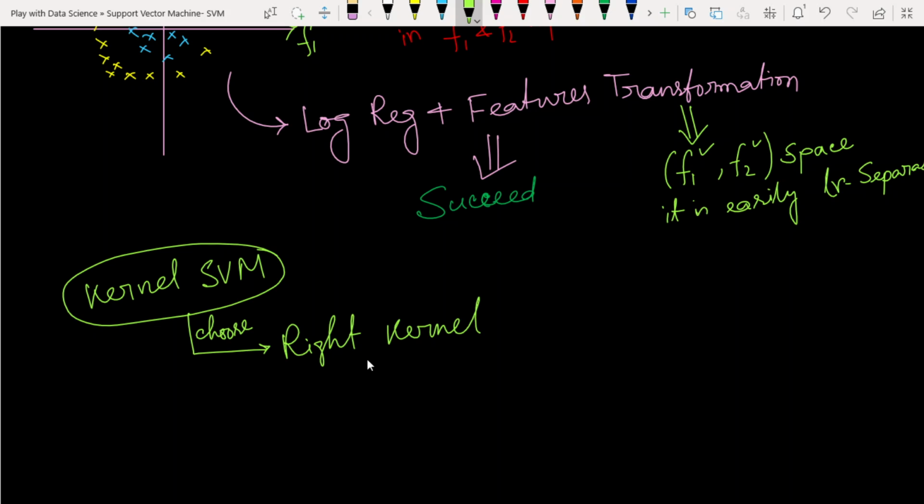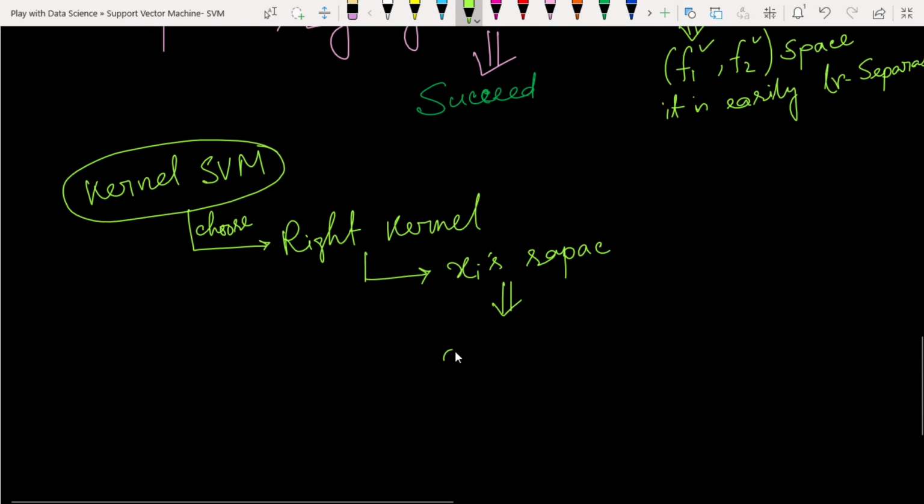What are we doing here? We are transforming our xi space into another space, let's call it the xi dash space.